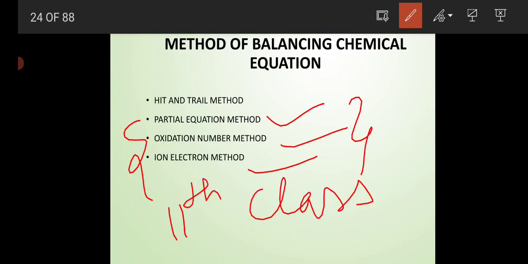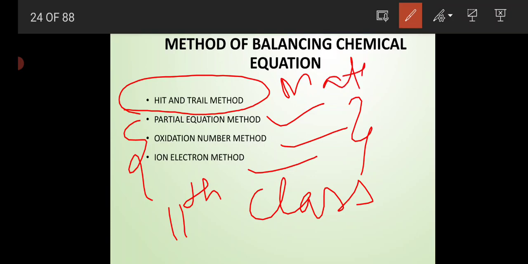In 10th class, only one method you have to study, that is the hit and trial method, and one more mathematical method is there, which is called the algebraic method. Means we have to balance the overall chemical reaction with the help of numeric coefficients, which is called the algebraic method of balancing chemical equations.